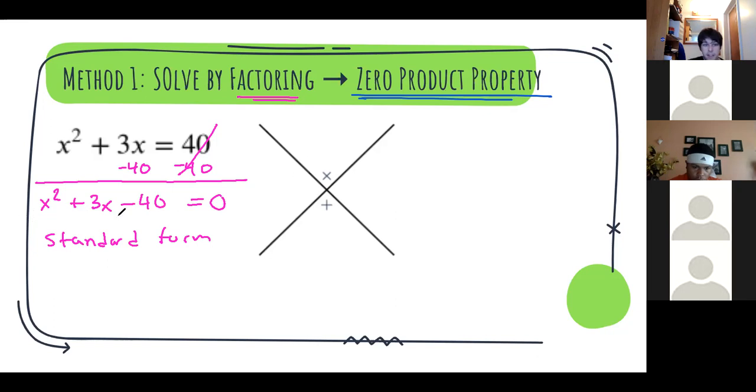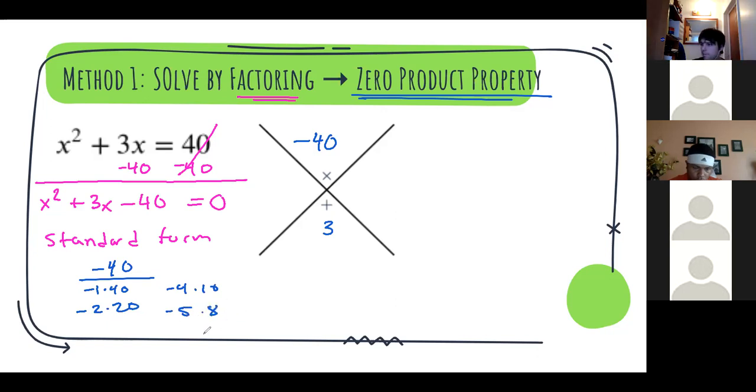Anyway, to factor this, we've got to use a little X game or some other method that you like to use here. So we need to figure out 2 numbers that multiply to negative 40 and add to 3. So you can go through your factors for negative 40 and figure this out. Since the addition is positive, the bigger number is positive, it's going to be negative 1 times 40, negative 2 times 20, negative 4 times 10, negative 5 times 8.